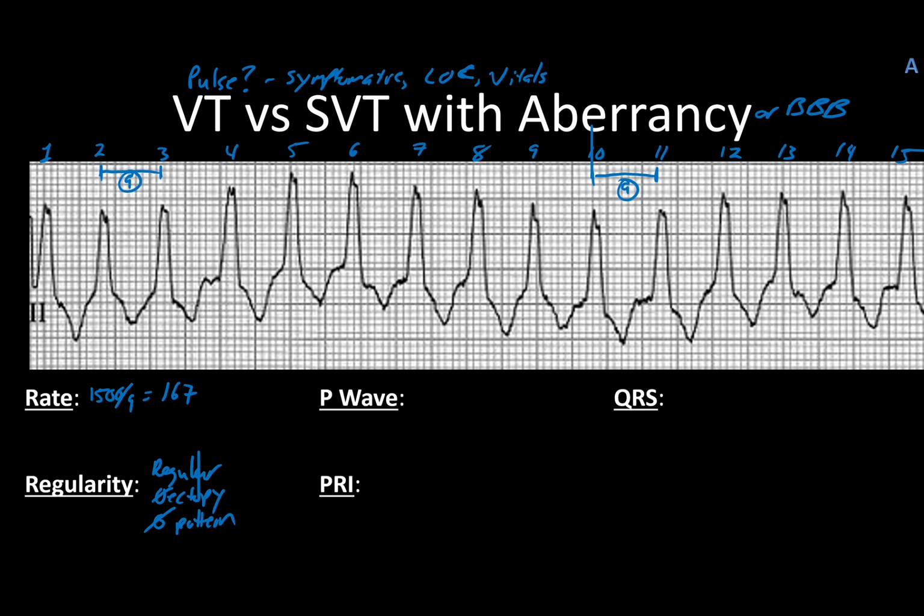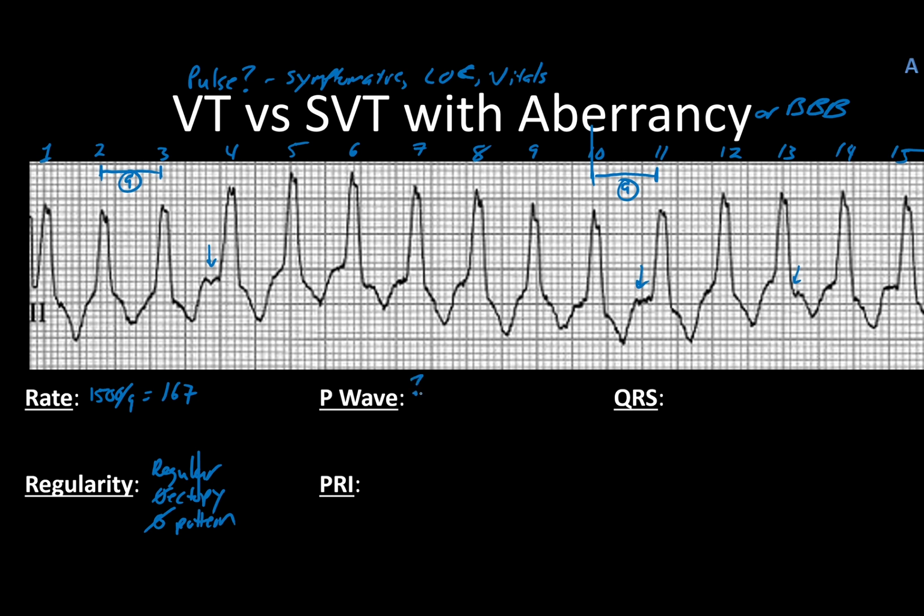I have little things here that I might be able to say was a P wave or something weird like that that could be affecting the rhythm. Heck, maybe even that one. But nothing that I can say is directly involved.